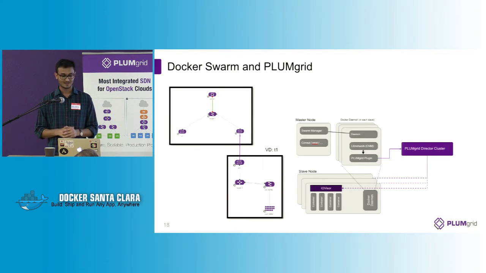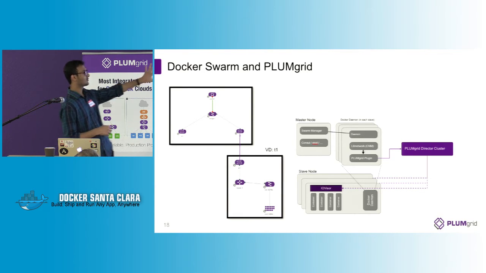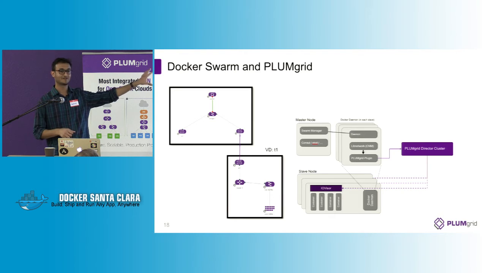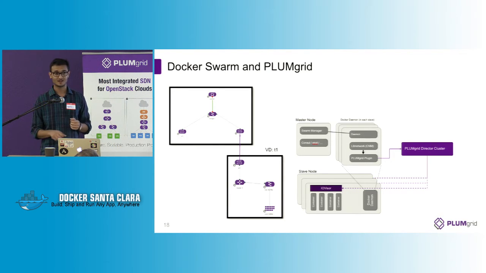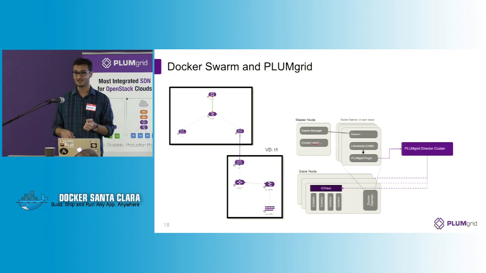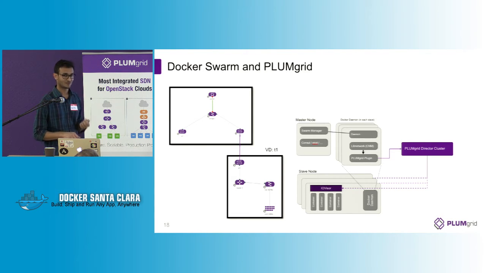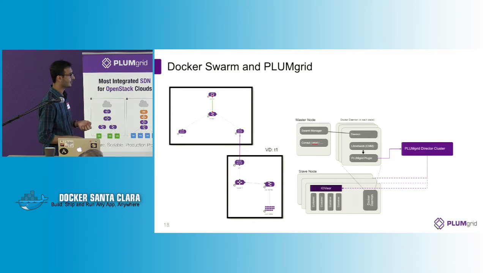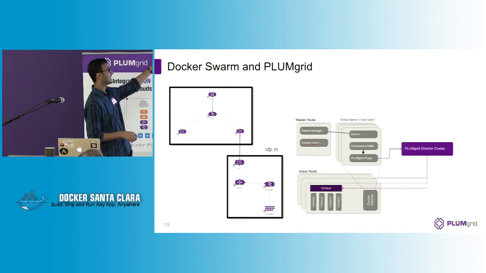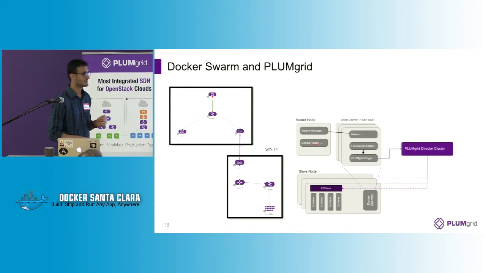The last slide. What you see over here are virtual domains. This is a Plum Grid specific concept. Virtual domains are like logical data centers, which allow you to provision arbitrary network topologies to allow microsegmentation for microservices. In this case, let's say you're launching applications. There's a domain which just allows you to talk to, let's say, the internet.